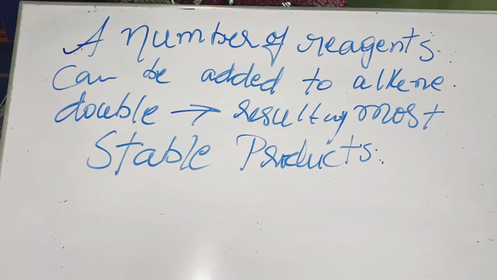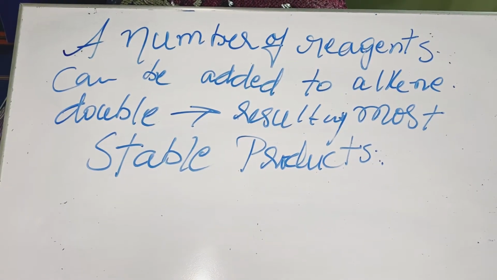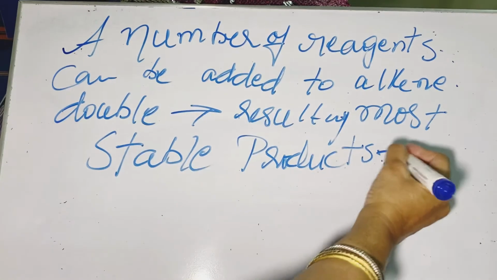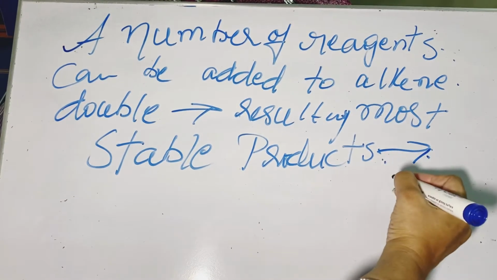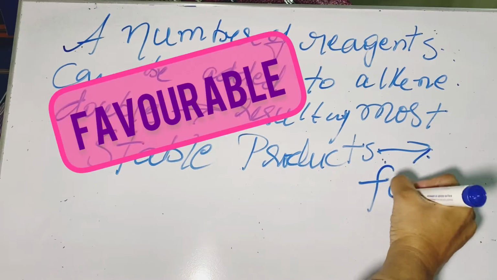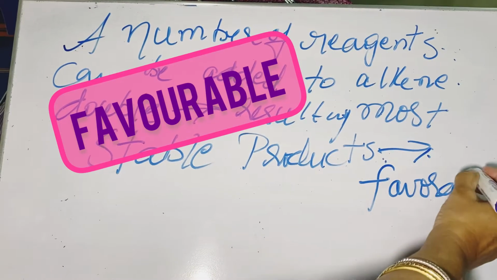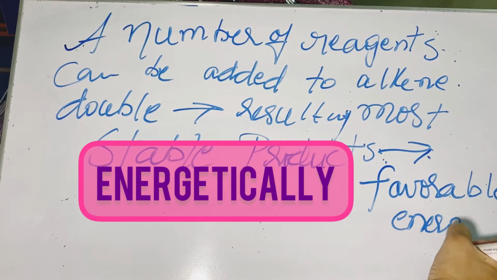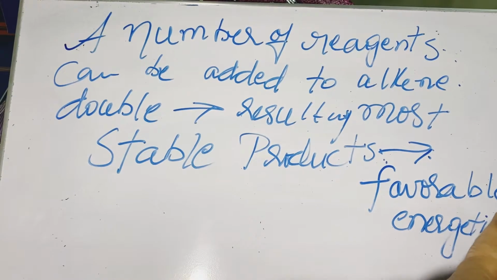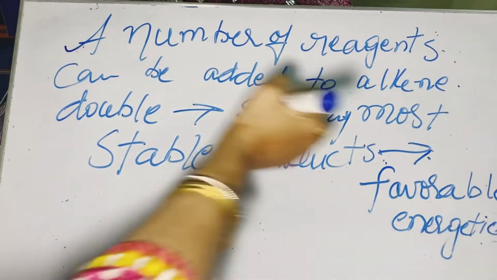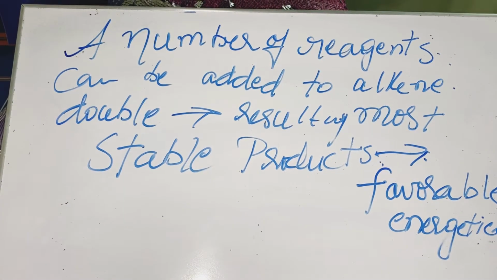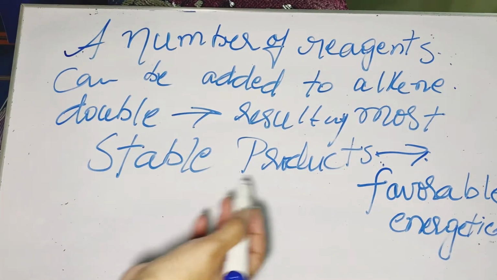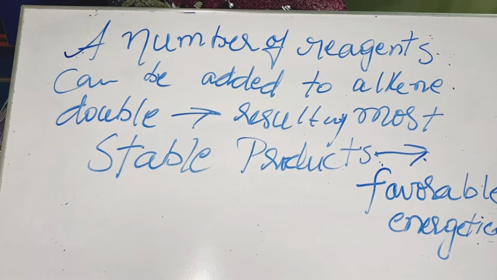And such reactions are very much favorable energetically, or you can call them energetically favorable reactions. That is, when you add a number of reagents to an alkene double bond, it will form, of course, the most stable products.